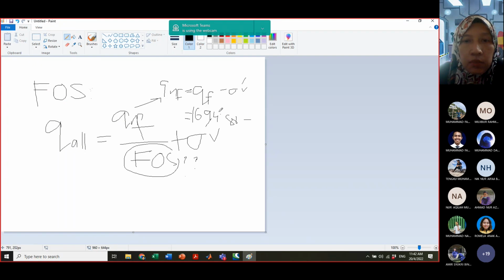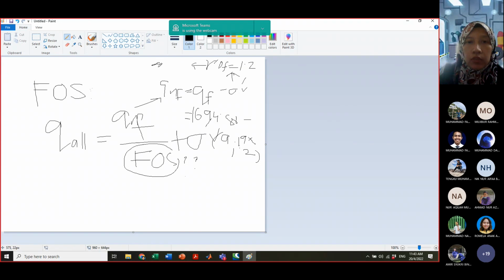So 1694.88 tolak dengan 9.19 darab dengan 1.2. Sebab effective overburden pressure is equal to effective unit weight darab dengan the founding depth. Founding depth dalam soalan ni adalah 1.2. So effective unit weight adalah 9.19.